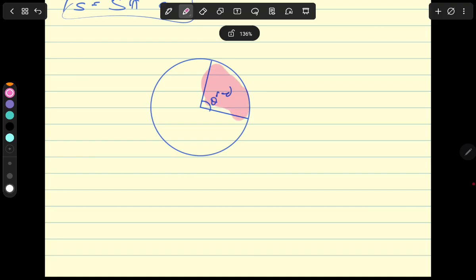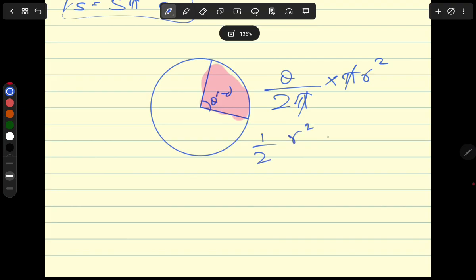If I want to find out this area, so this is theta by 2 pi fraction of the circle or the proportion of the circle, and the formula is pi r square. So 1 pi cancels this, so we are left with half r square and then theta. So this is the formula for the area when theta is given in radians, right?